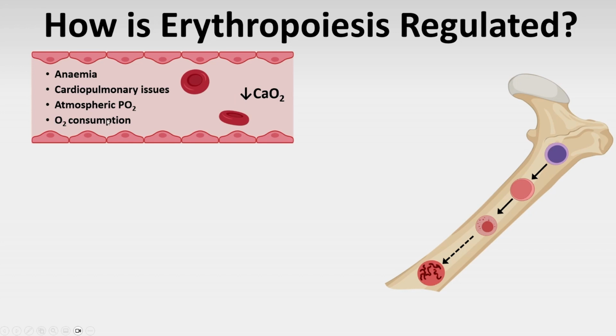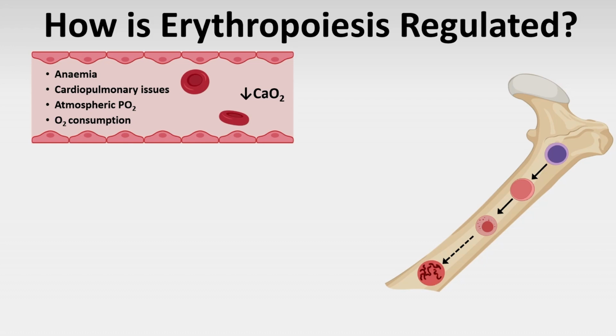Or endurance runners who constantly undergo endurance training: that increase in oxygen consumption is itself a stimulus for the synthesis of EPO, because it reduces arterial oxygen content too.